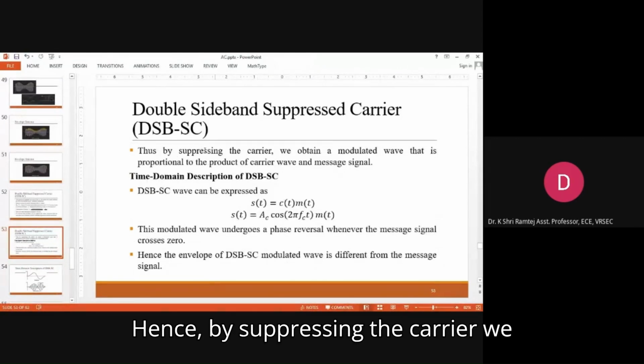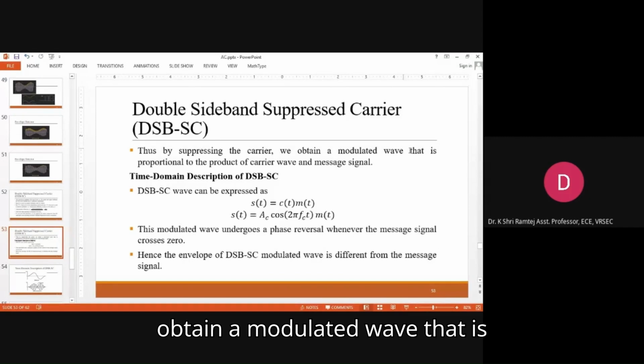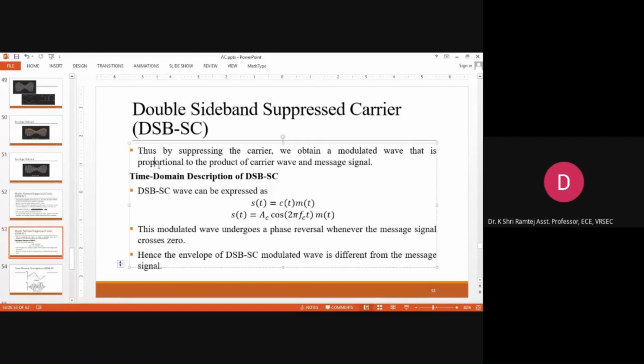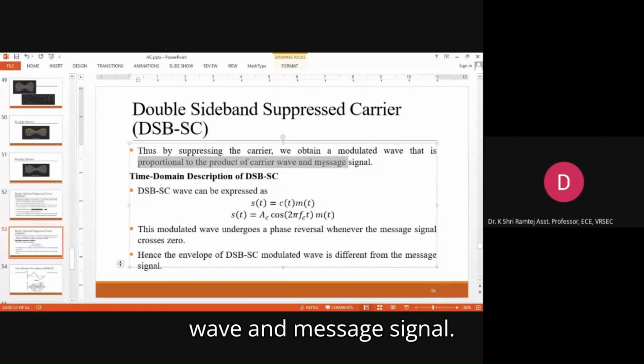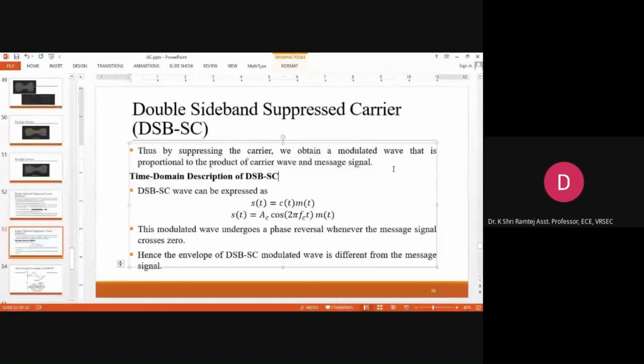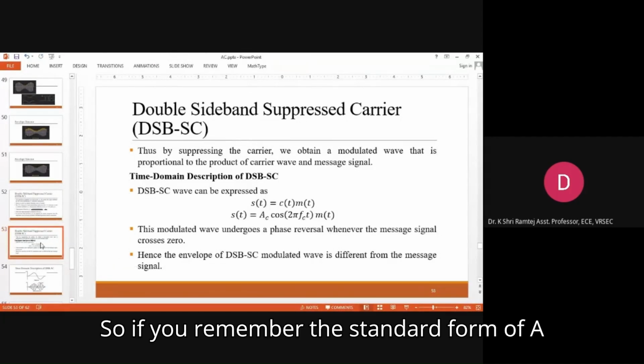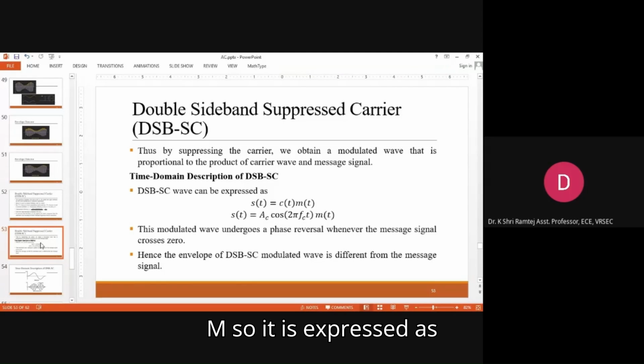Hence, by suppressing the carrier, we obtain a modulated wave that is proportional to the product of carrier wave and message signal. If you remember, the standard form of AM is expressed as Ac into 1 plus Ka m of t times cos 2 pi fct.